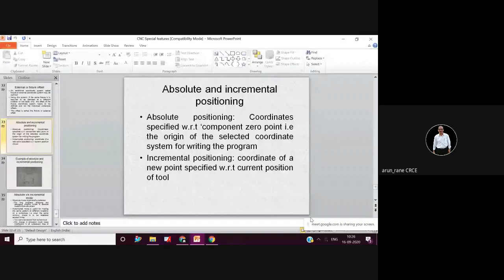Then for the next, there is no increment in x, so it will be x0 and y minus 100. Again here it will be x200 and y0, and over here x0 and y100. Like that it is incremental. Depending on the drawing you receive, you can select this. Absolute positioning is specified by the G90 code, and incremental by G91.